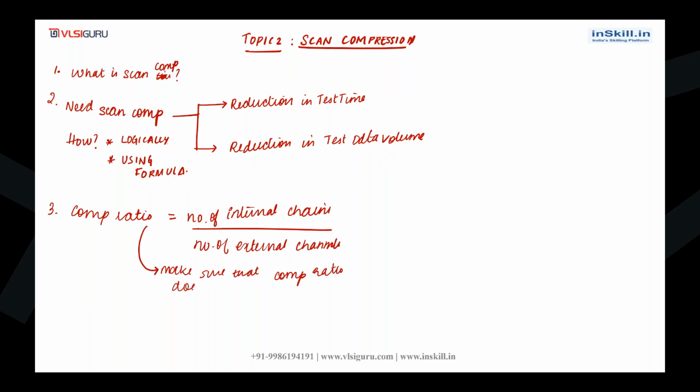Why do we usually make sure that compression ratio doesn't exceed 100x? The compression ratio formula is number of internal chains divided by number of external channels. So why is it like that? We'll try to understand.